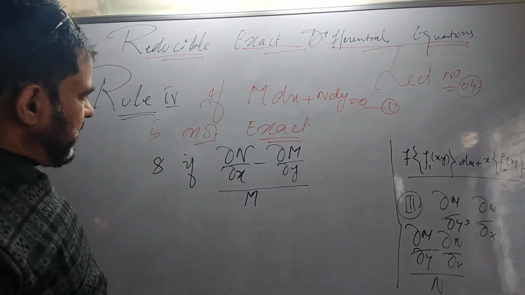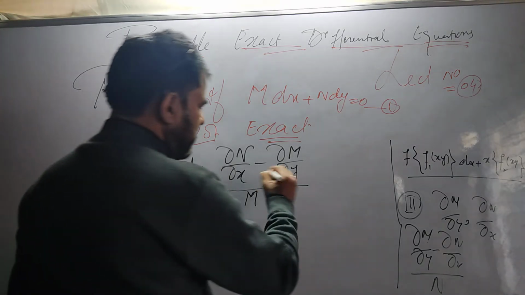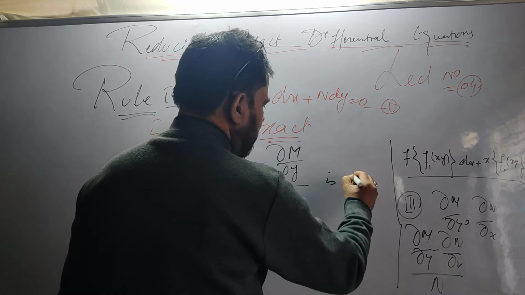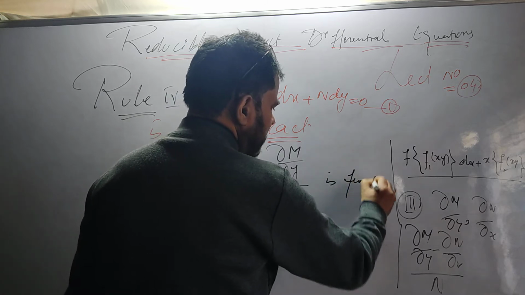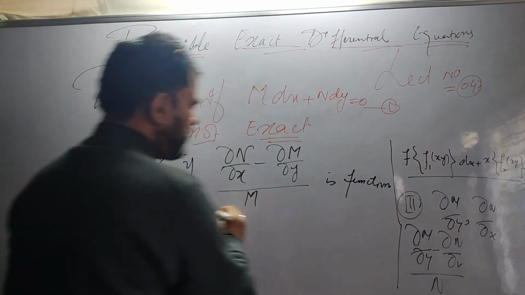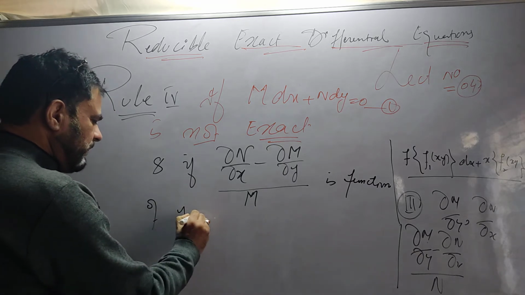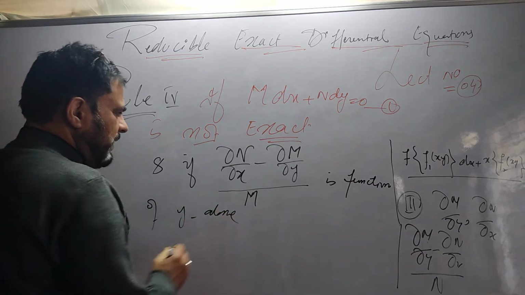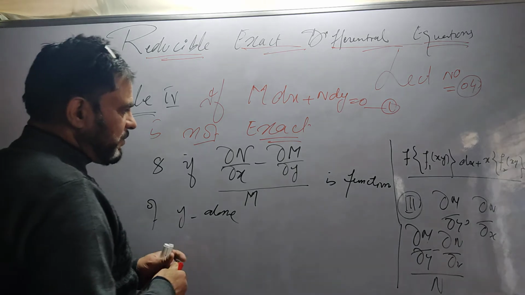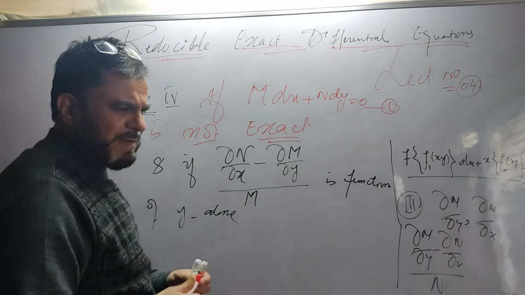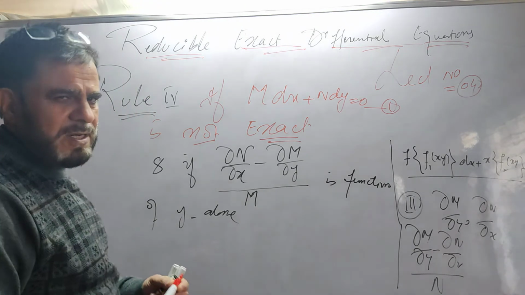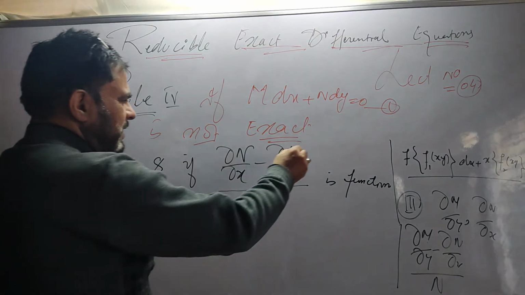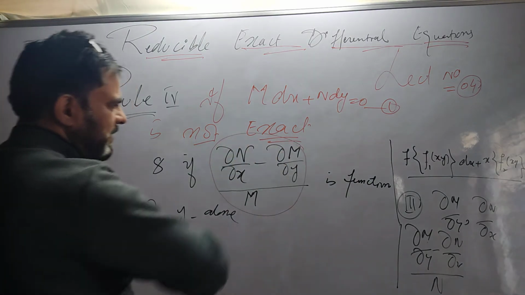If this expression turns out to be a function of y alone, when you evaluate it you can easily see whether it is a function of x or a function of y.